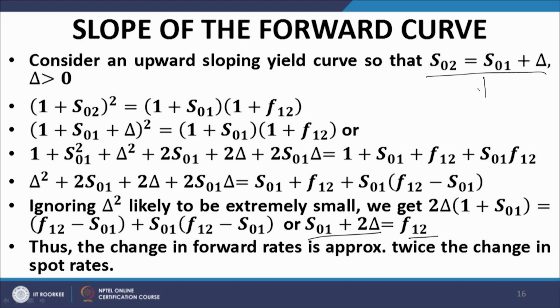If you compare this expression and this expression, F12 is equal to S01 plus 2 delta, you find that the increase in the forward rate is approximately twice the increase in the spot rates. I will not go through the algebra; the steps are given here in this slide and they are quite elementary. So, I leave it as an exercise for the learners.